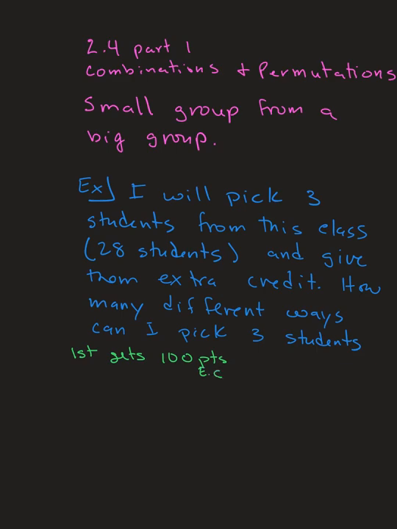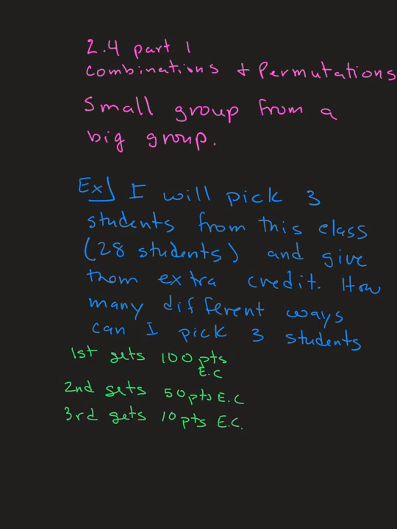All right, and the second student gets 50 points extra credit. All right, and the third student gets 10 points.